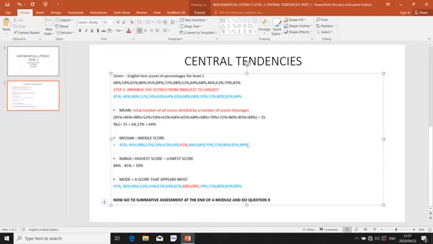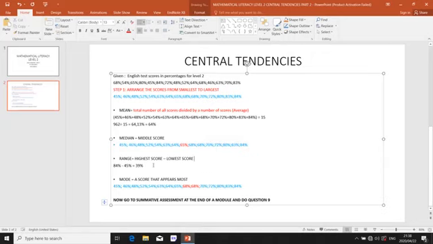For instance, you have 1, 2, 3, 4. What will be the median there? You say 2 plus 3. You get the total of 5. Then 5 divided by 2 is 2.5.